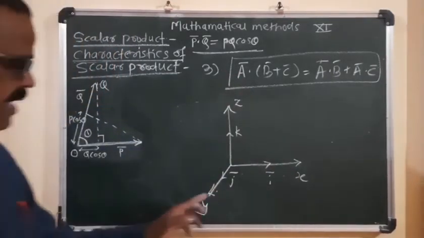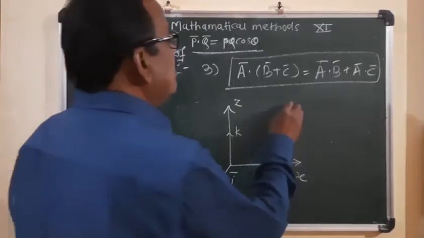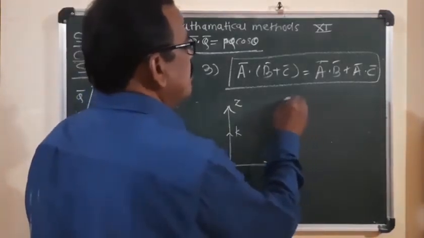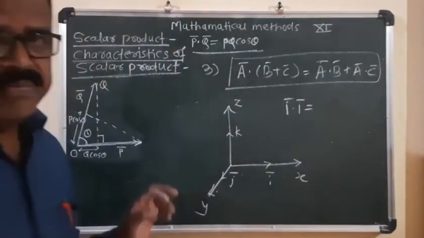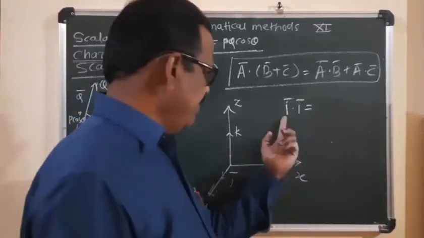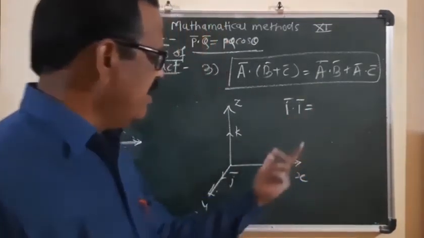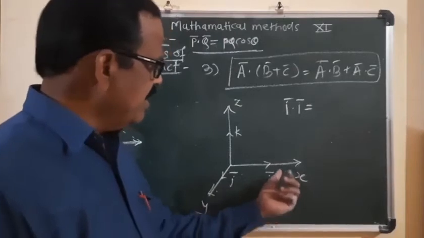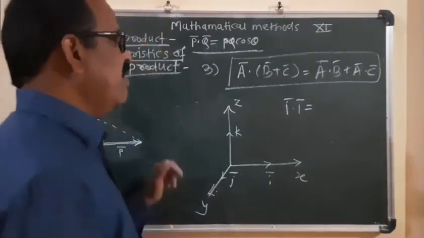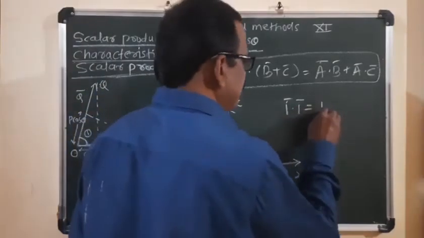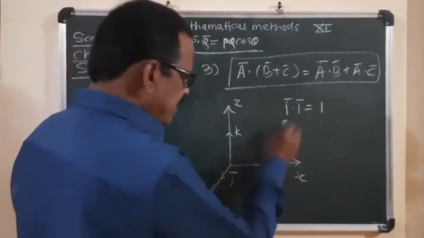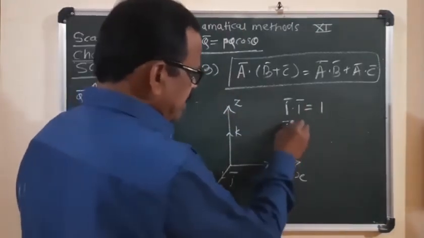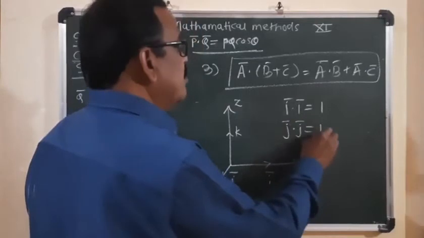Therefore, we write here I bar dot I bar, that is two vector, one vector I bar, another vector I bar along the same direction. Therefore, we write I bar dot I bar is equal to 1. Similarly, J bar dot J bar is equal to 1.